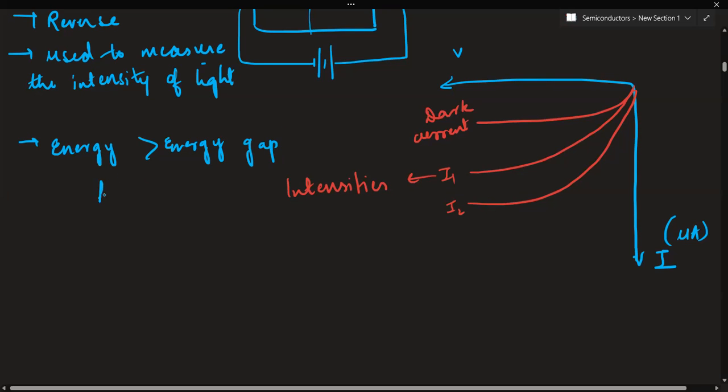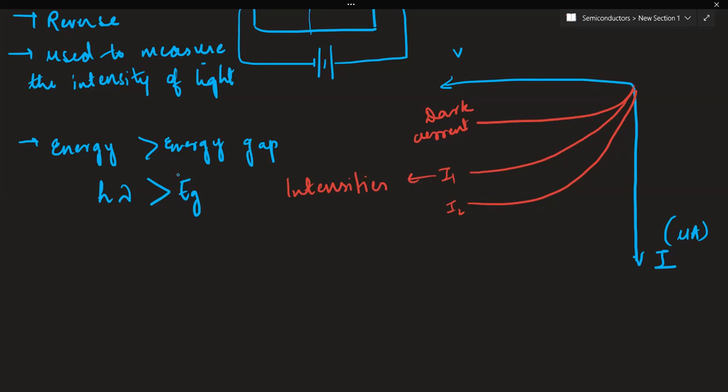This is the condition. So increasing intensities are occurring, I1, I2, I3 and so on. So the value of reverse saturation current increases with the increase in intensity of incident light. So a measurement of change in reverse saturation current on illumination can give various values of light intensity.